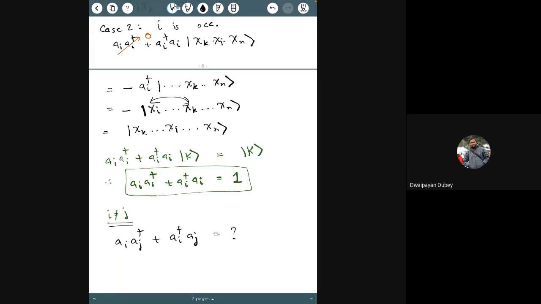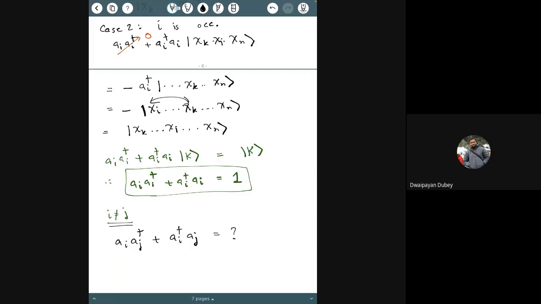What happens here? The only situation when the first term is not 0 is when j is not occupied and I is occupied. And the situation when the second term is non-zero is when j is occupied and I is not occupied.